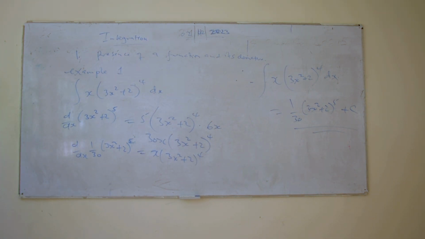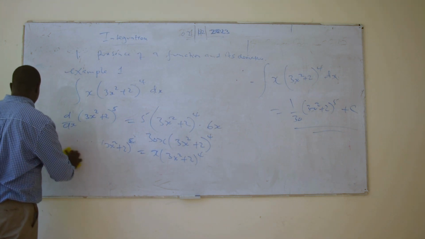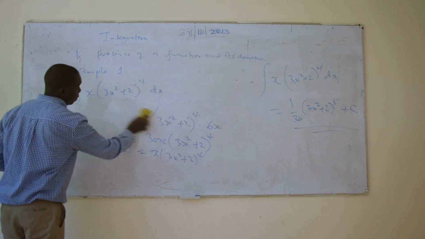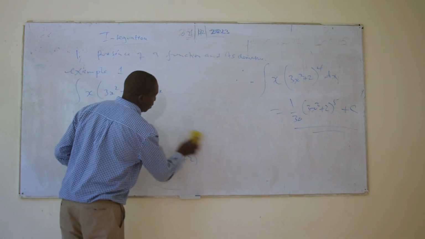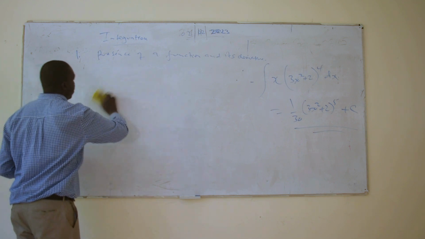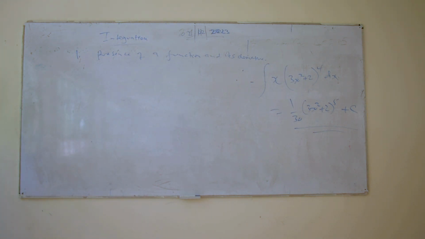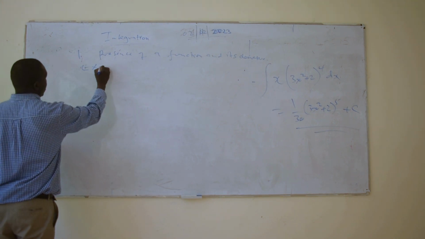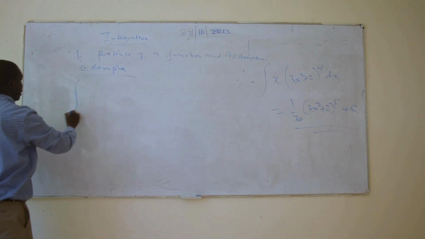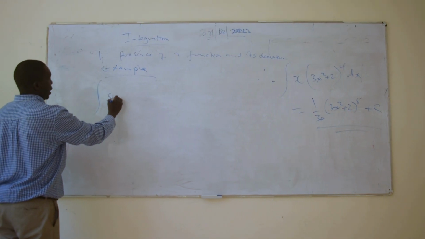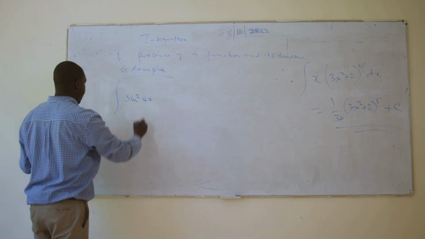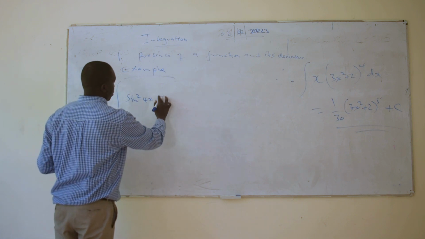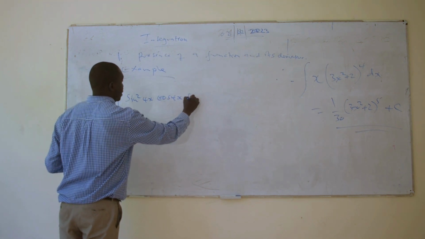That's example 1. Example 2. Integrate sine squared 4x cos of 4x dx.